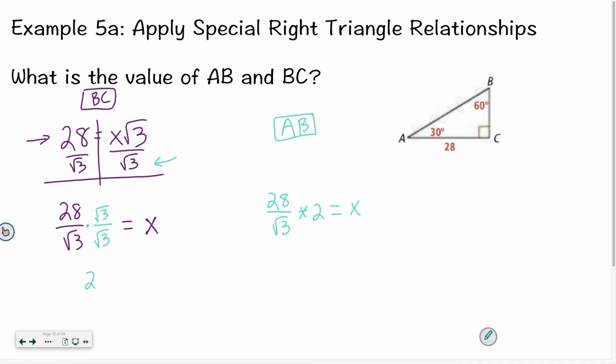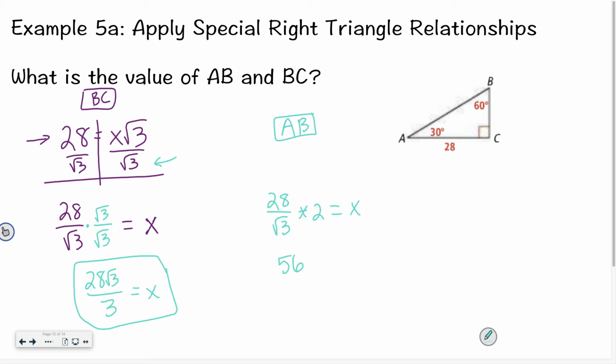So then I have 28 square root of 3, and the square root of 3 times the square root of 3 is the square root of 9, which is just 3. So this would become a 3. And that is your most simplified answer, because 28 divided by 3 isn't a nice number, so I leave it just like that.